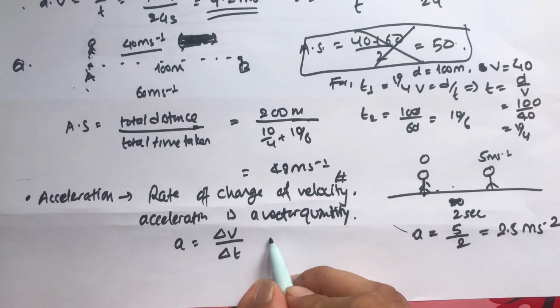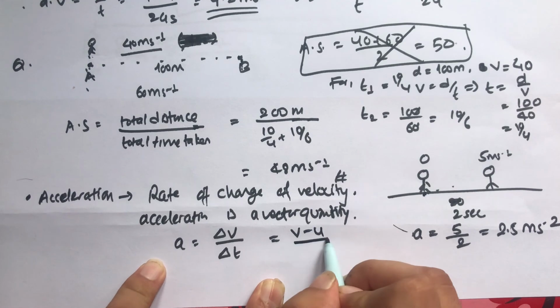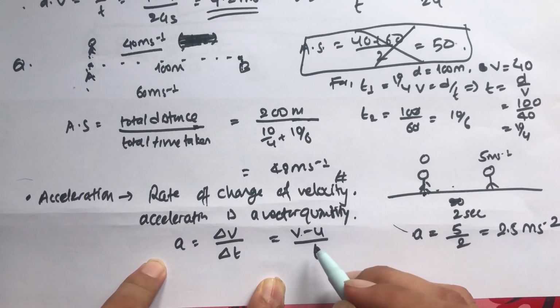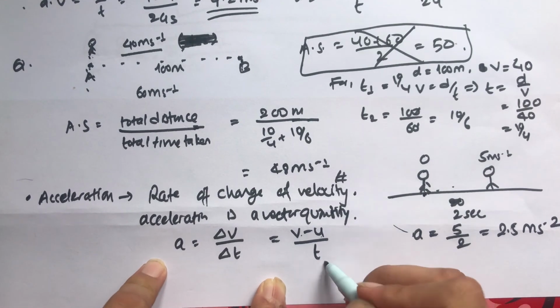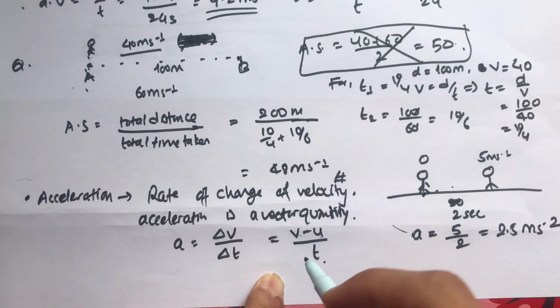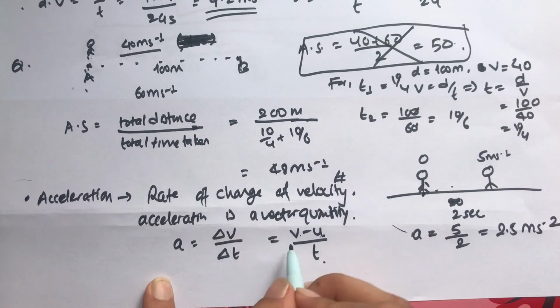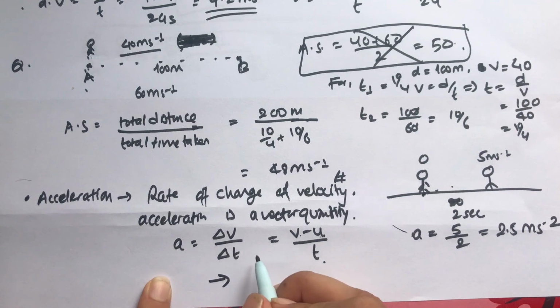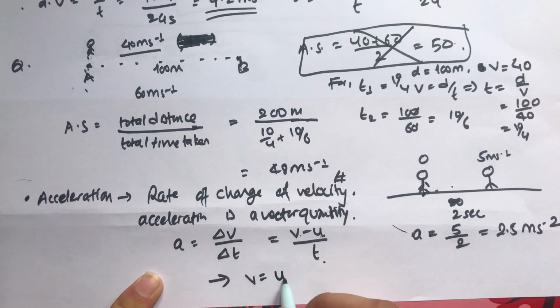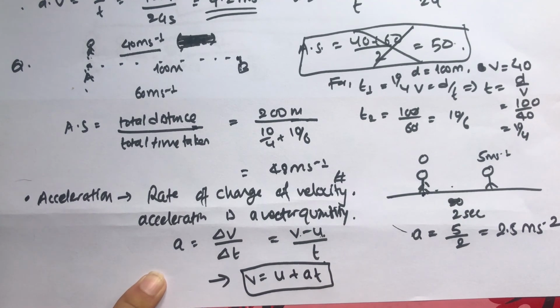Acceleration can be written as v minus u by t. V is the final velocity, u is the initial velocity, and t is the time taken to reach final velocity from initial velocity. If we rearrange this formula, we get a famous equation: v equals u plus at. So v, the final velocity, is u, the initial velocity, plus a times t.